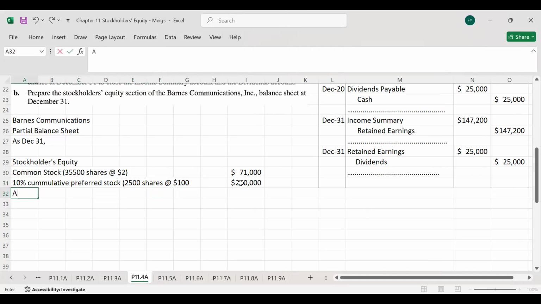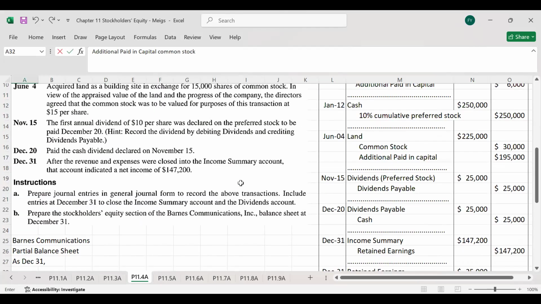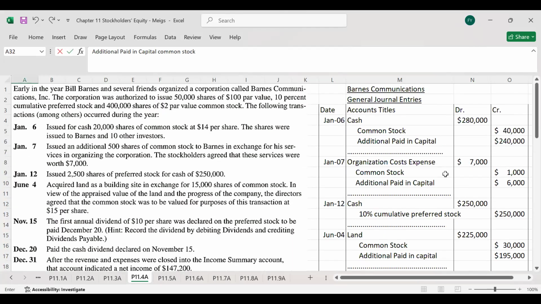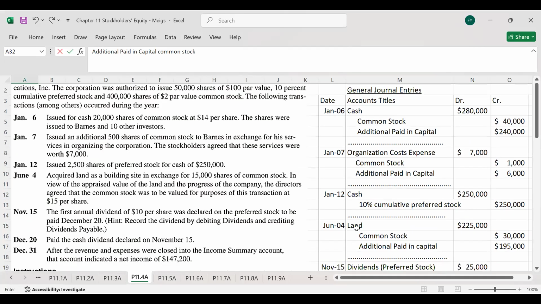Then we have additional paid in capital on common stock. So additional paid in capital on common stock is total, we can add additional paid in capital. We have 240,000, then 6,000, and then 195,000.